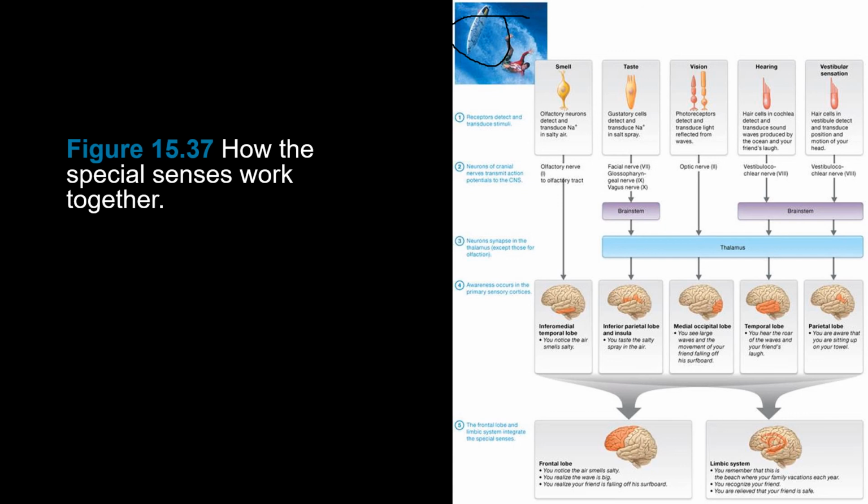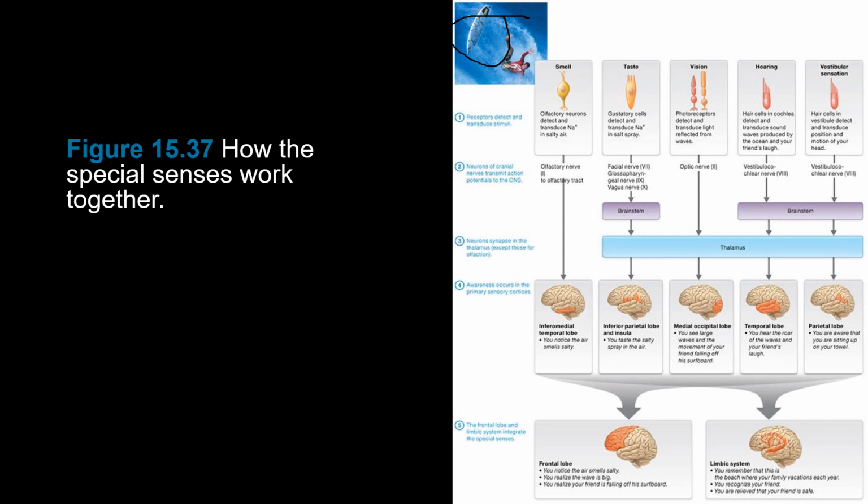And then what do we have next? We have taste, with gustatory cells detecting and transducing sodium in the salt spray. That gets transduced through the facial nerve, glossopharyngeal nerve, and vagus nerve to the brainstem. The brainstem sends it to the thalamus, and the thalamus is then going to send it to the inferior parietal lobe, and especially the insula, allowing you to taste that salty spray in the air.